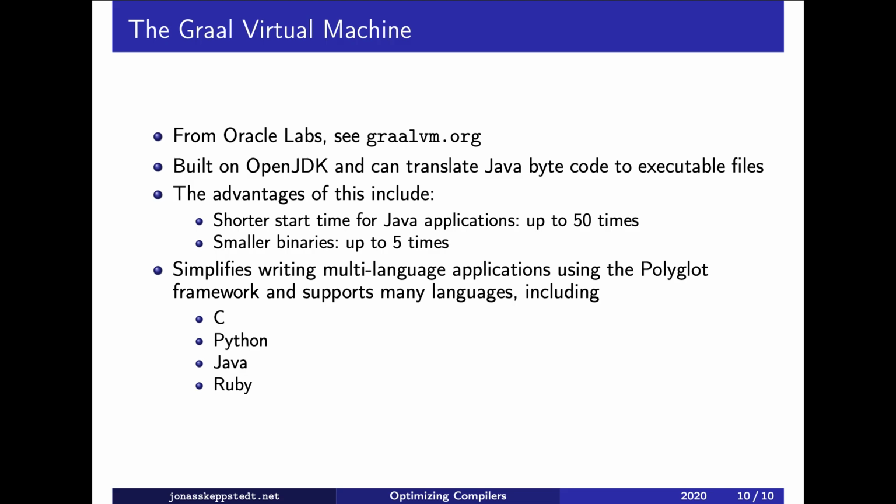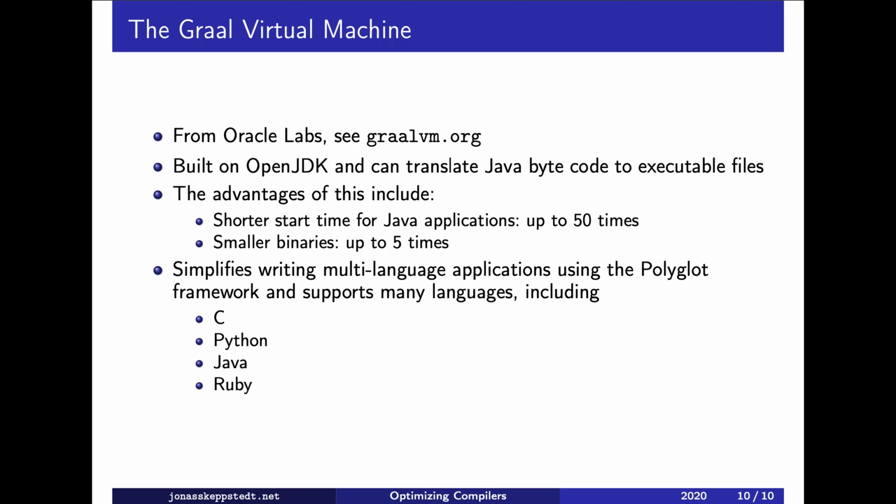Okay, so what one part of the Oracle research organization has done is to do ahead-of-time compilation of Java bytecode into normal executable files. And this is done using the Graal virtual machine.